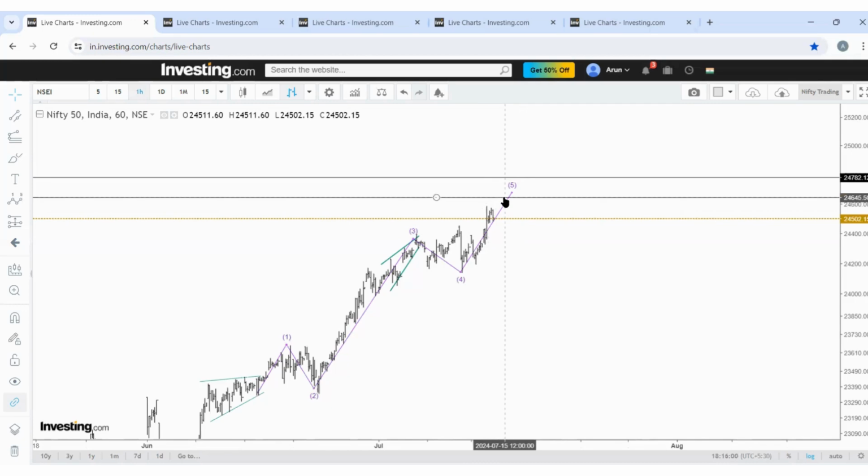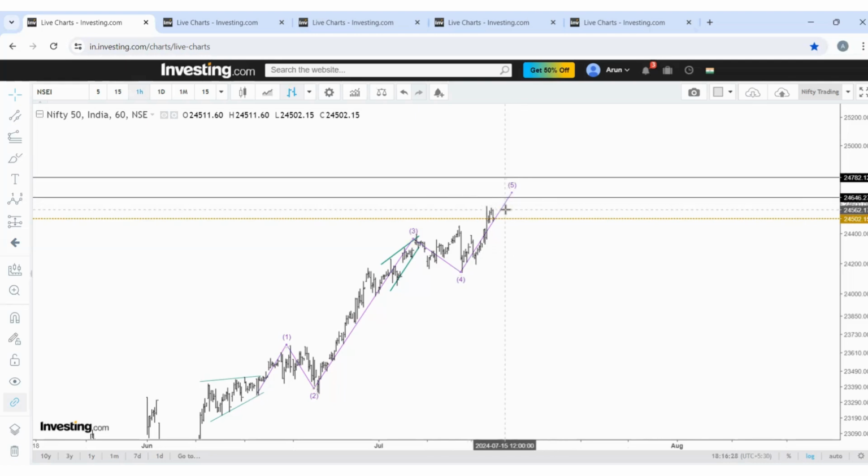So the first point we need to see next week is what the price does around 24,650. If the price crosses 24,650 with strength, we can expect resistance between 24,650 and 24,750, 780, that zone. But most probably it will go slow. Or it may stop here and have a pause.